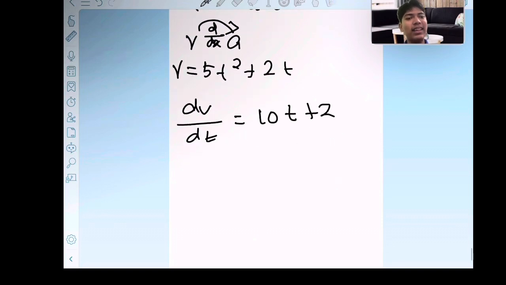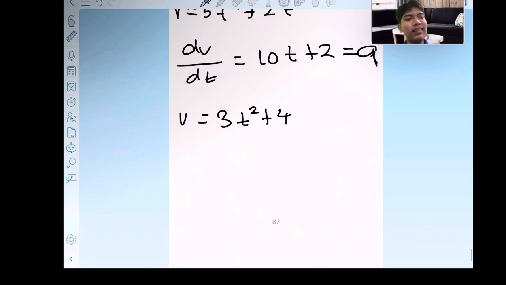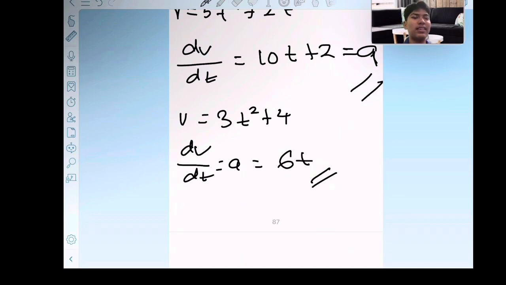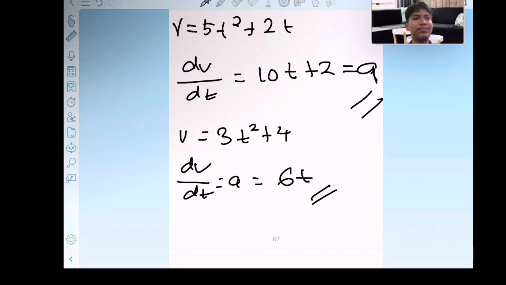Shahmi's equation is v equals 3t squared plus 4, and when we differentiate, we get the acceleration equal to 6t. So these are both expressions that we get.